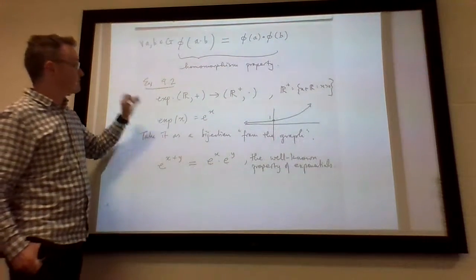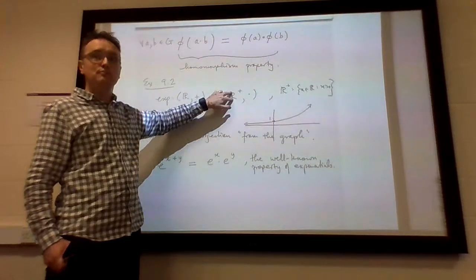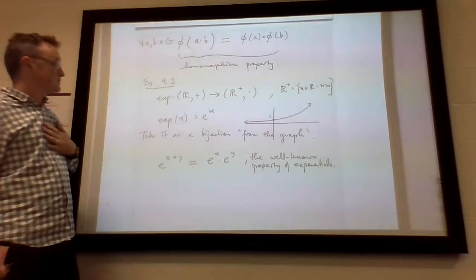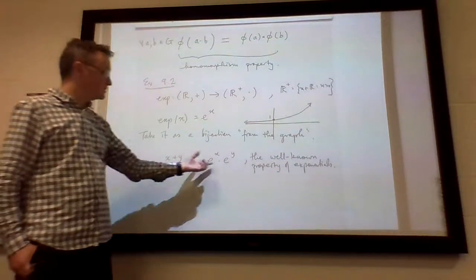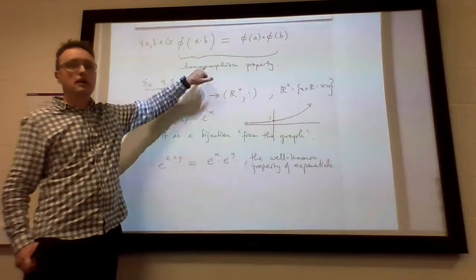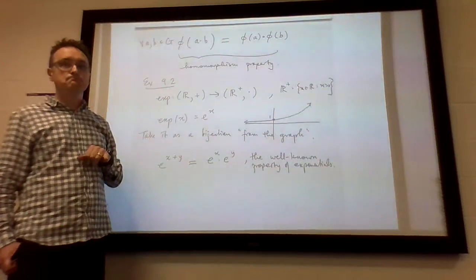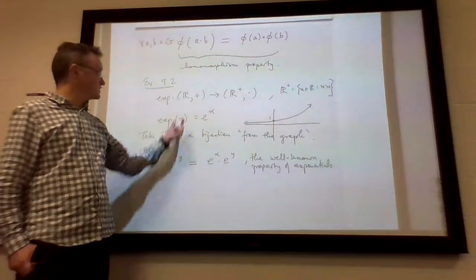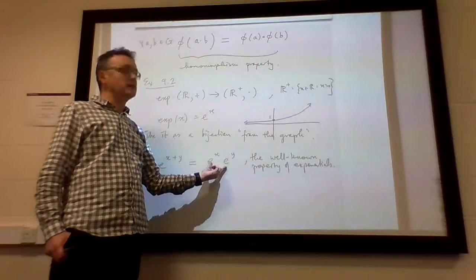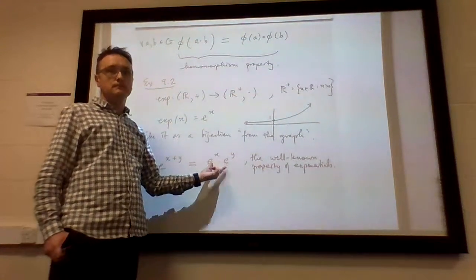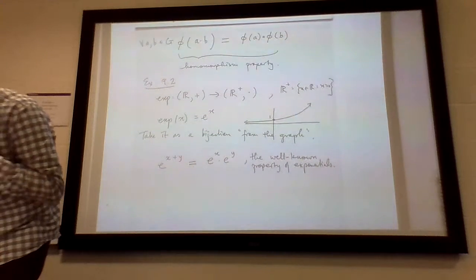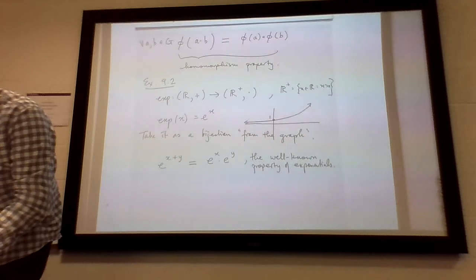Because there's a way of mapping one set bijectively to the other using the exponential function. And the exponential function interacts perfectly with the two group operations in this homomorphism property way. So a product of elements in one group gets mapped across to the product of the corresponding images in the other group.